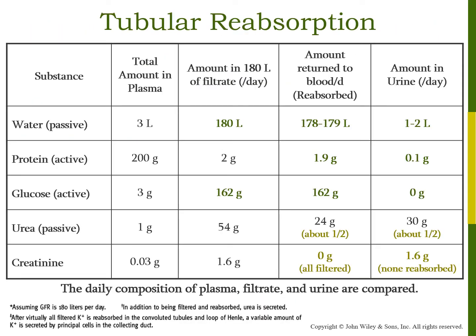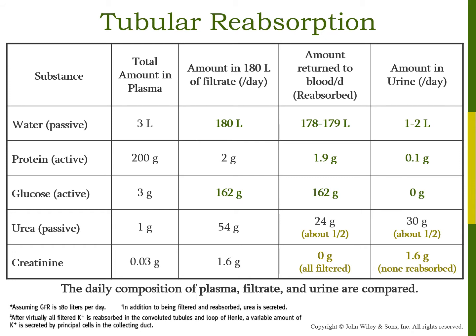This table compares the daily composition of substances in the plasma to their levels in the filtrate and in the urine, which is a reflection of the reabsorption of these substances.